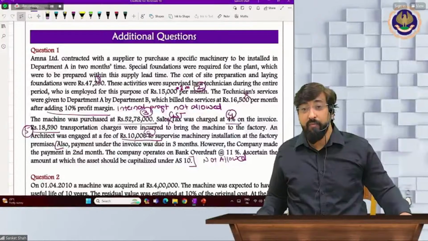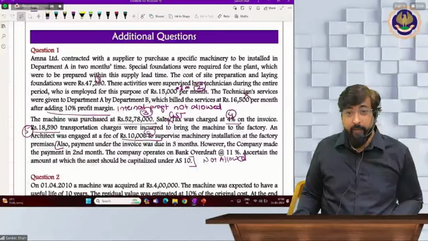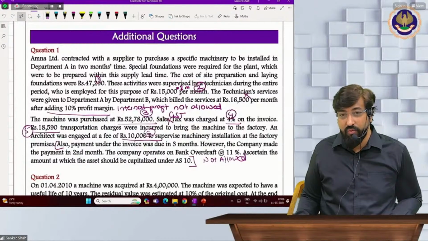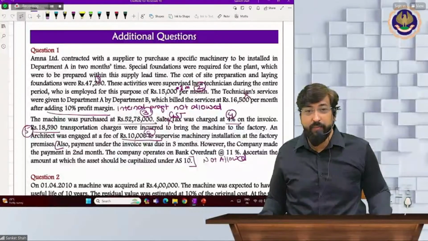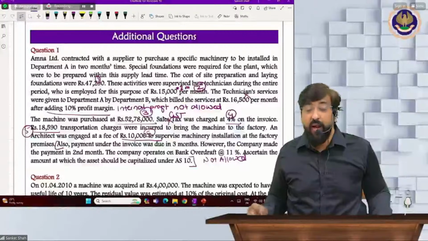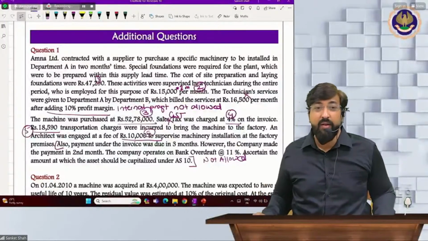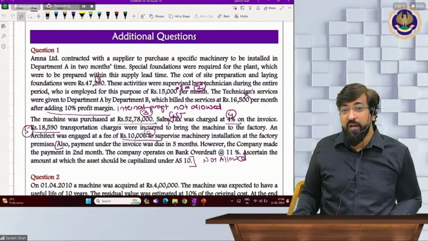Sales tax is 4% on the invoice. Actually it is GST now, sales tax is the old one. So GST was 4% on the invoice, and 4% you will consider. 18,590 transportation charges were necessary to bring the machine to its factory.